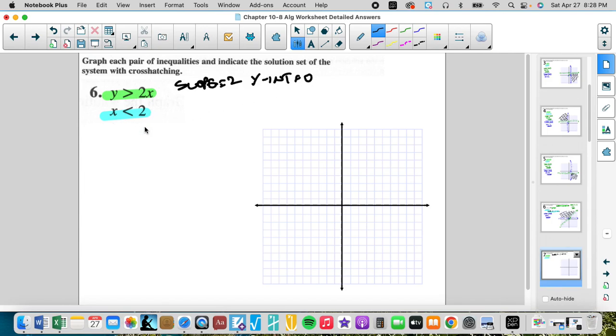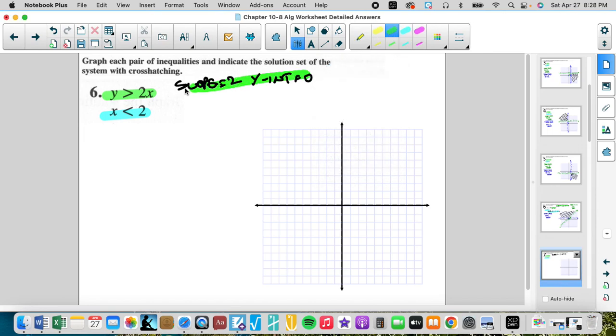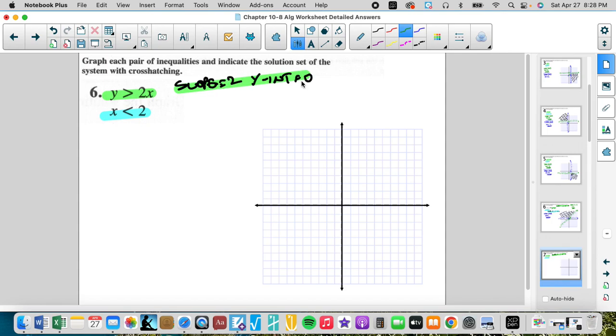This has, oh, that has no slope, and an x-intercept of 2. So they're being tricky. Let's do green. Y-intercept of 0, open circle on the y-intercept of 0, slope of 2, up 2, right 1, up 2, right 1, dotted. Can't use 0, 0 to test.